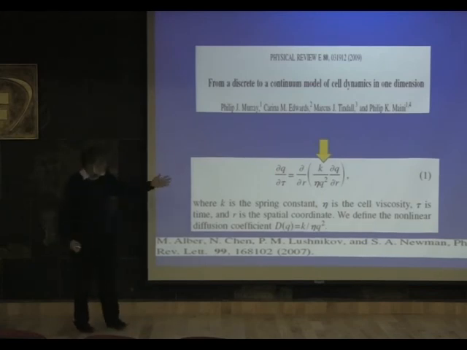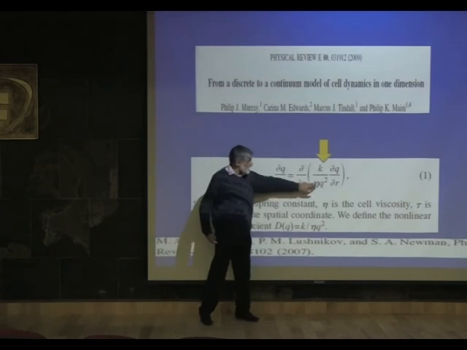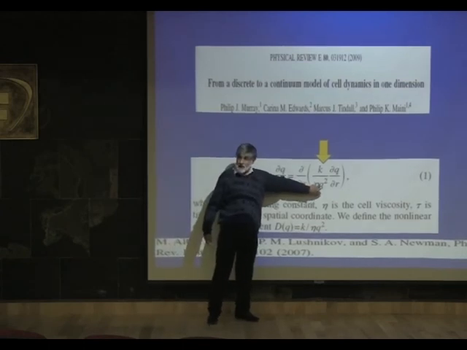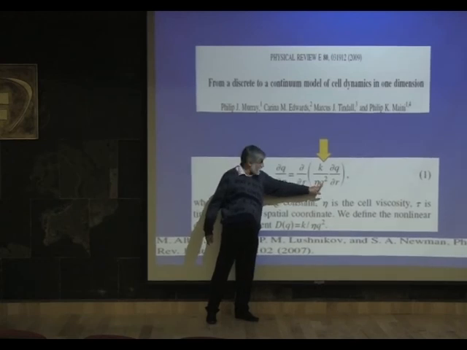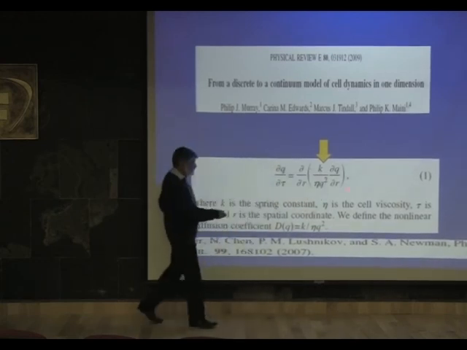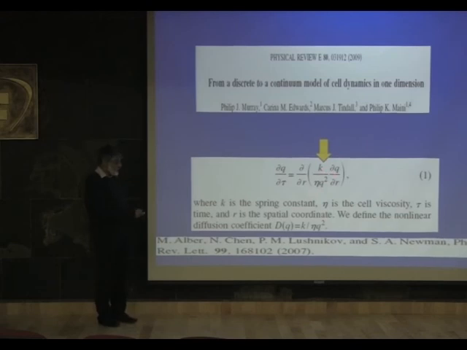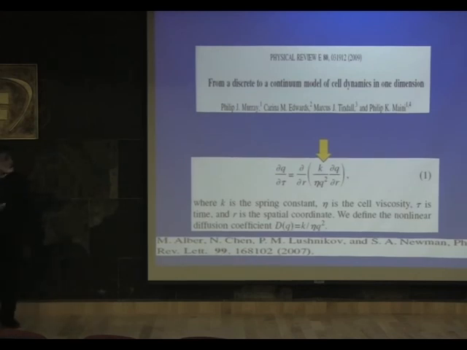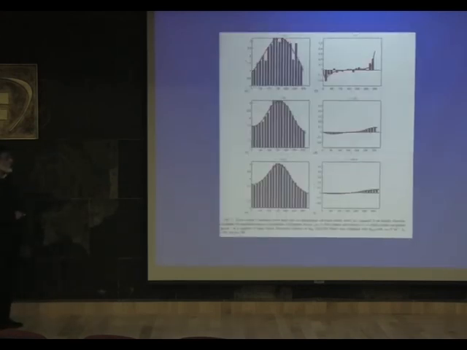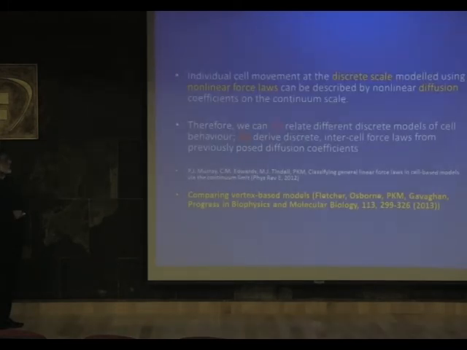So it's obvious that this model would break down when Q tends to 0, and that's exposed here by the singular behavior at Q equals 0 from the 1 over Q squared. Okay. This is just to show that the model agrees with doing simulations, so we just leave that.